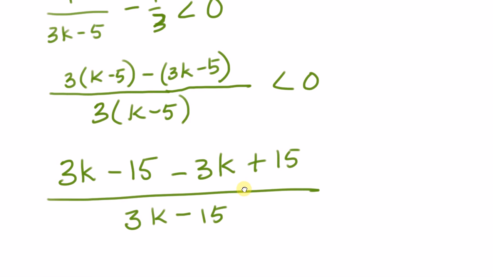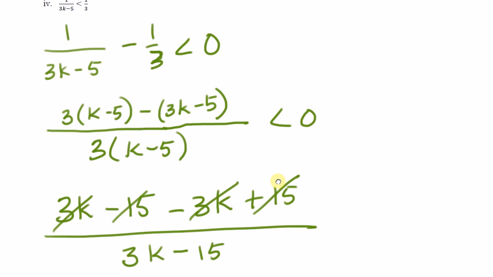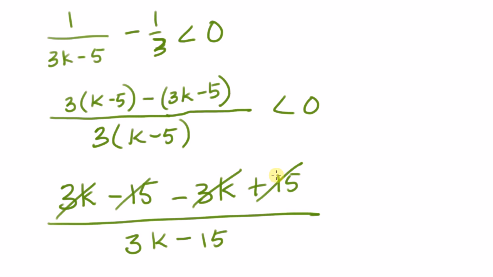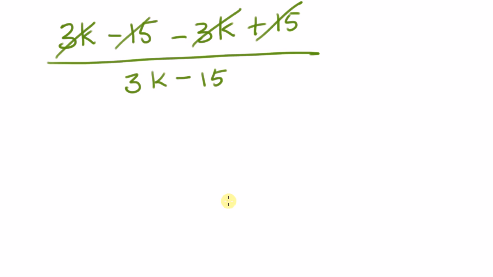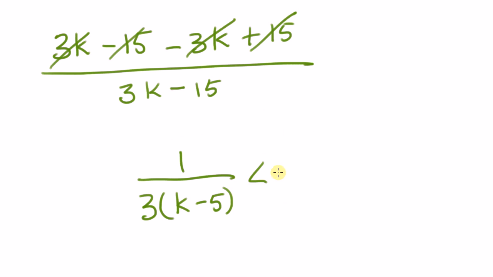Now, I might convert this back, because the only reason I distributed it was just because that's what I was doing. Okay, so 3k minus 3k, negative 15 plus 15 is 0. So this just becomes 1 over 3 times k minus 5 is less than 0.